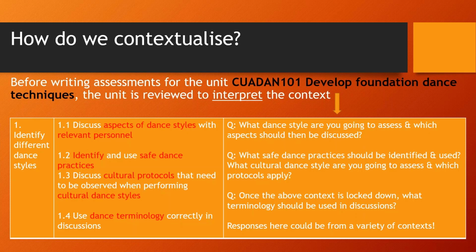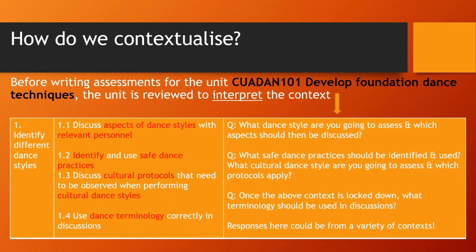So I've just put a performance criteria, just one element from a unit called CUA DAN 101, Develop Foundation Dance Techniques. So the first element says identify different dance styles, and then you've got 4 different performance criteria that would lead you, upon satisfactory completion of those through some sort of assessment process, to know whether or not someone could identify different dance styles.